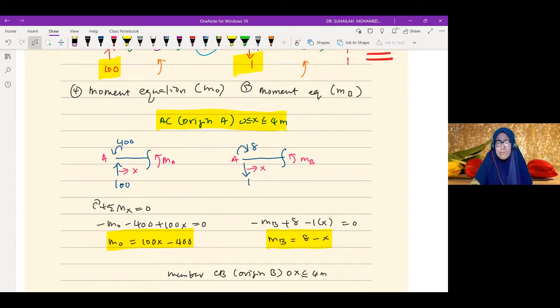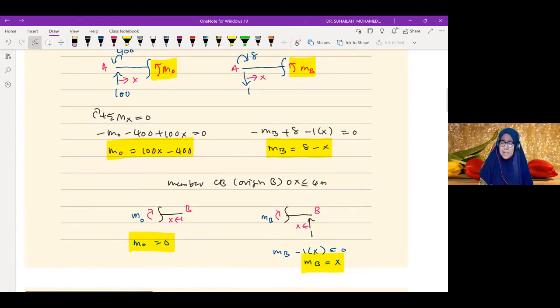Whenever the origin comes from the left side, the moment is counterclockwise. When the origin is located at B for cutting section number 2, the moment is clockwise because the origin comes from the right side.